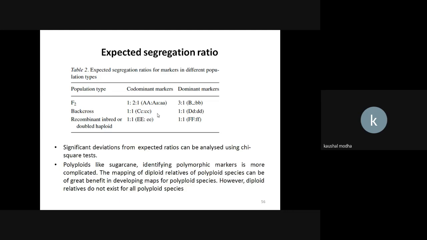So it is much more difficult to create marker map in polyploids, but in some of the polyploid species where diploid parental species, evolutionary parents, are available, then we can use the marker data from diploid species to generate marker map in the evolved hexaploid species. But again, there is a problem with some of the crop species where diploid relatives are not available. In that case, it will be much more difficult.